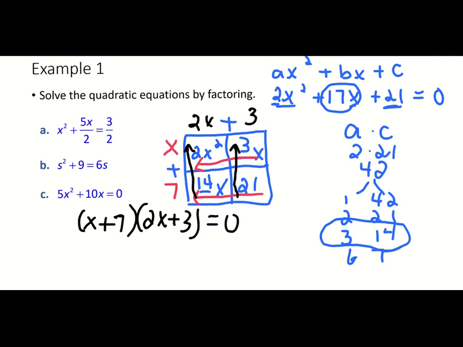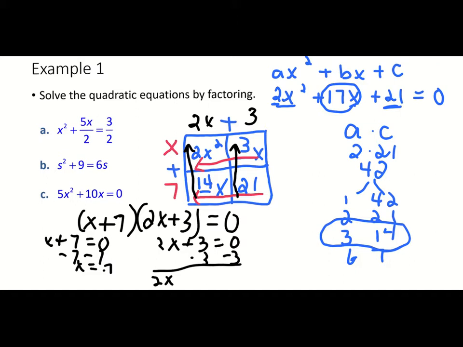And then like we did before, just set both equations to 0 and solve. So I'll subtract 7 from both sides. So we get x equals -7. And then 2x plus 3 equals 0. We'll subtract 3. We get 2x equals -3.